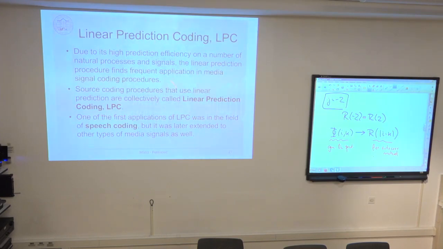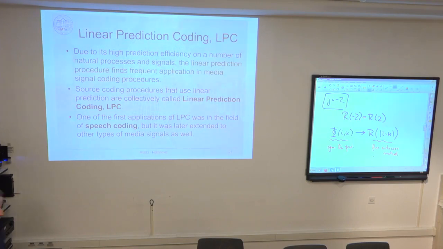Due to high prediction efficiency for a very large number of natural processes, the linear prediction procedure has frequent application in media signal processing, coding procedures. Source coding procedures that use linear prediction are collectively called linear prediction coding, or LPC.